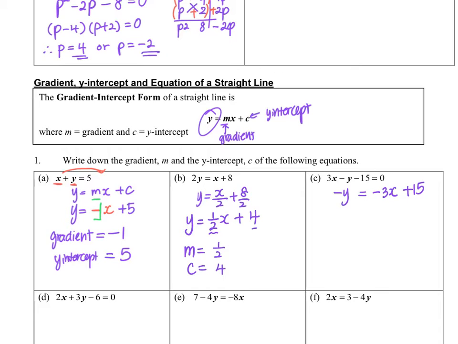But I don't like negative y, so I'm going to change all the signs throughout by multiplying negative 1 to every single term. I'll get y equals to positive 3x and negative 15. So in this case, what is the value for m, the gradient, and c, the y-intercept? M will now be 3 and c will be negative 15.